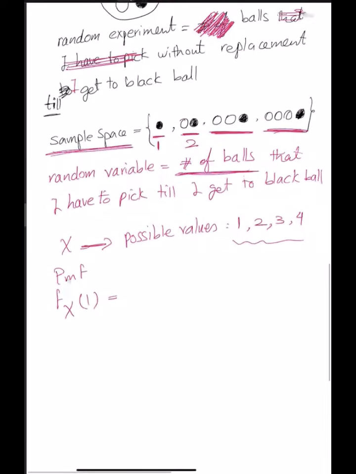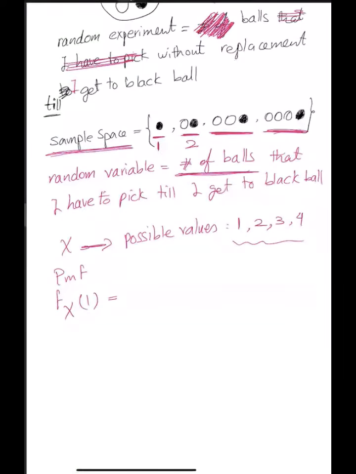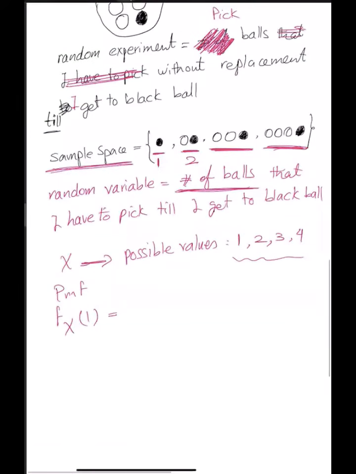So let's calculate f of x1. f of x1 means the probability that the random variable takes the value of 1, which means this scenario happens: you pick a ball, and that first ball is the black ball.